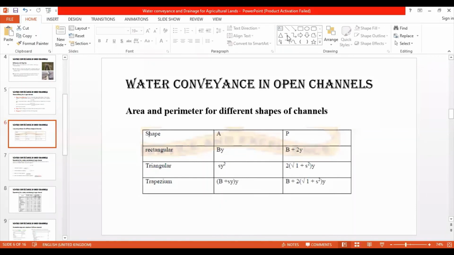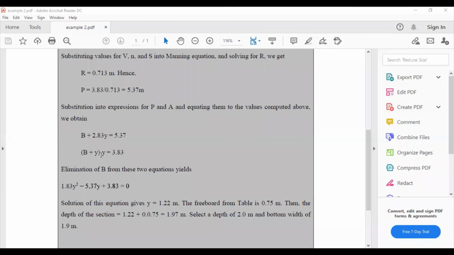So in our case, these are the two formulas. This is for the perimeter and this is for the area. So in these ones now, we have these two equations. We can solve them simultaneously. And in the end, when you solve them, you can make either B or Y the subject of the formula and then fit it into the next equation.